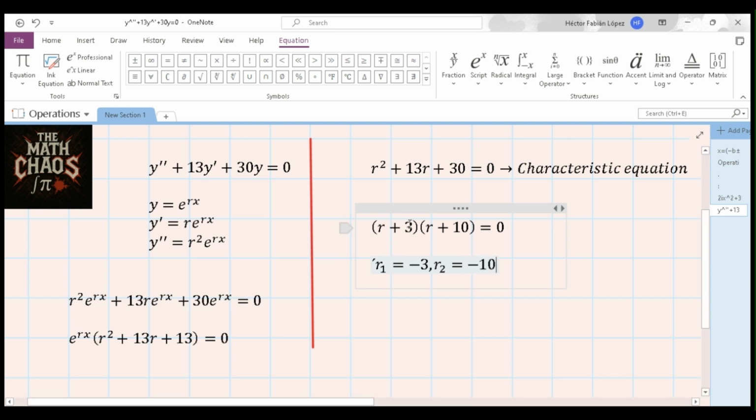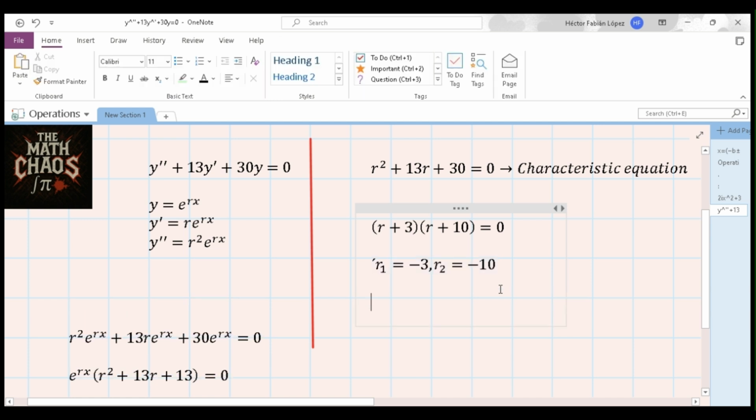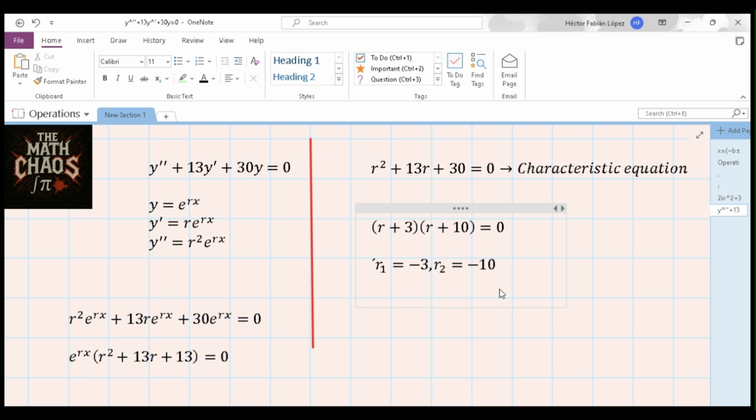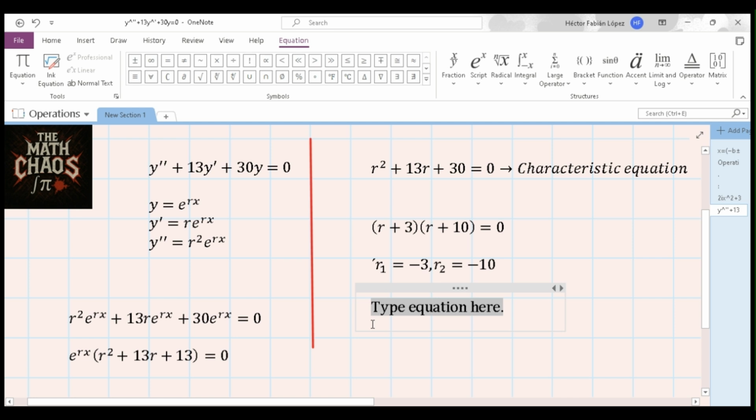Why? Because, as we know in basic algebra, each factor has to be equal to 0, and if we isolate r, in the first case it's negative 3. Then we have these answers, and after that we will write each value we found.